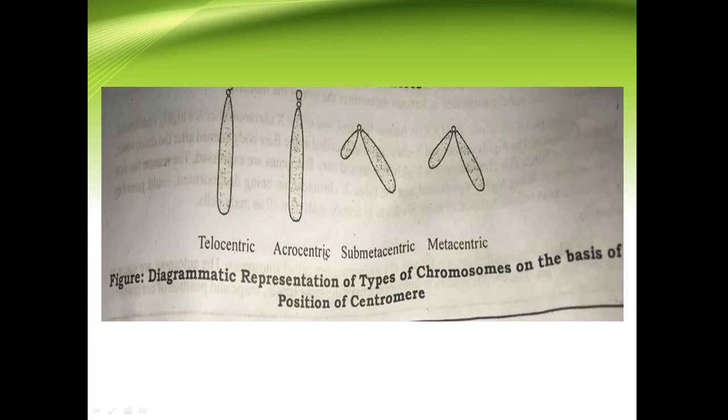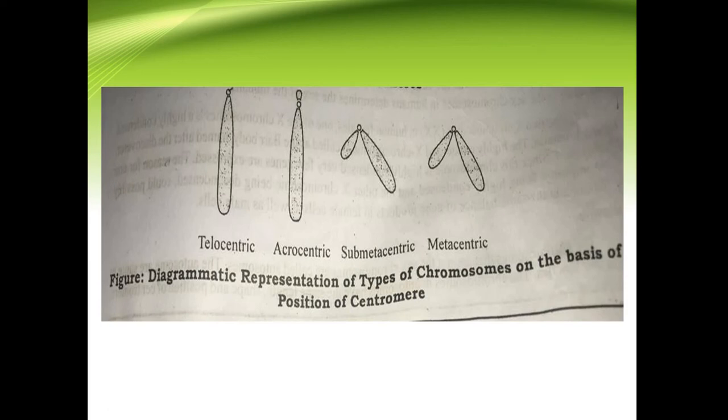Then we have acrocentric. The centromere is lying at the subterminal end of the chromosome, such that here in acrocentric you can see one arm is very long and the other arm is very short.